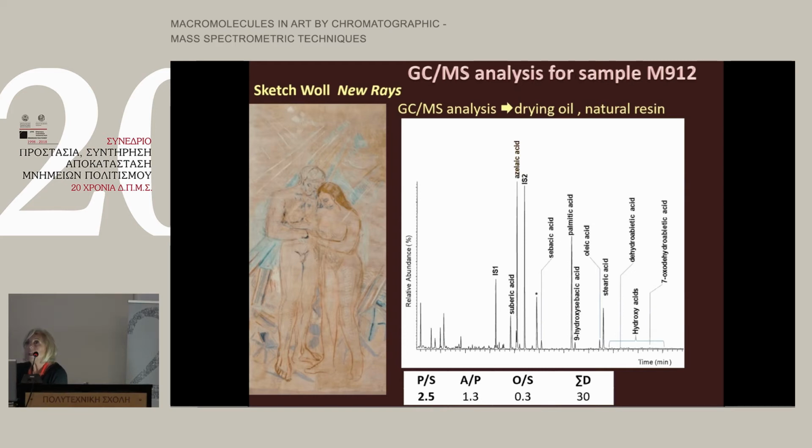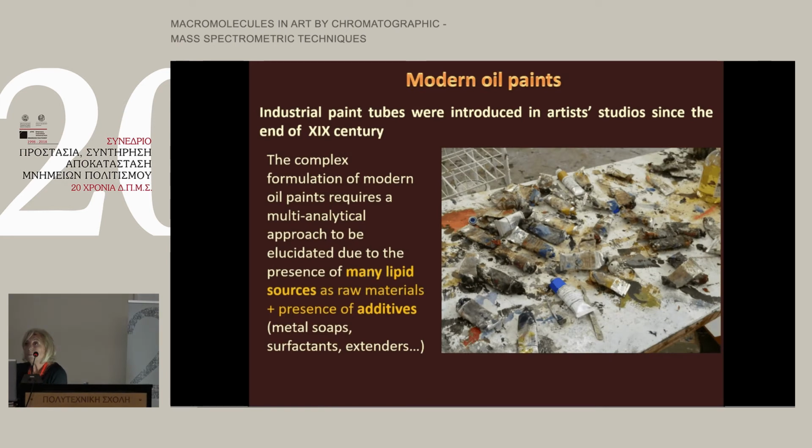where the artists began to use tubes. And what does it mean to use painting tubes? That the industry used not very pure oils, but they used to mix oils.